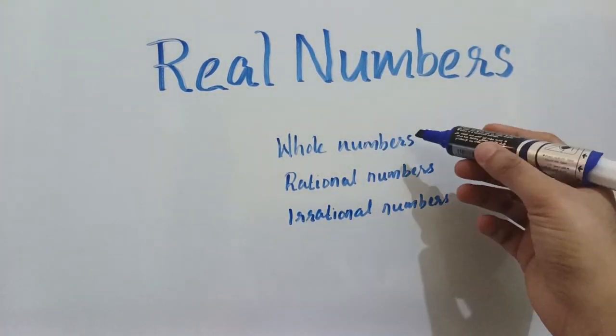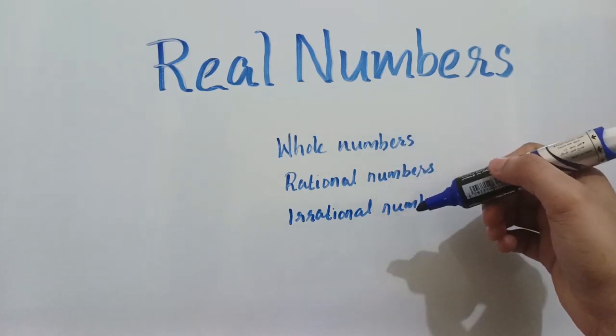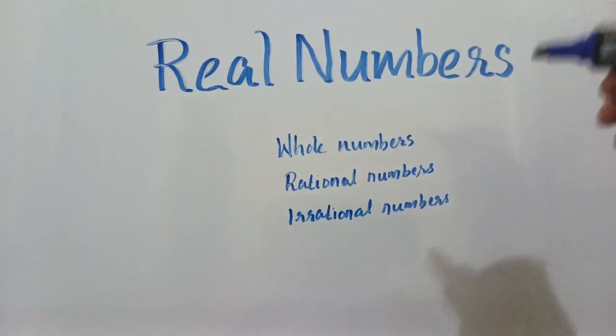We can say whole numbers, rational numbers, irrational numbers, etc. are real numbers.